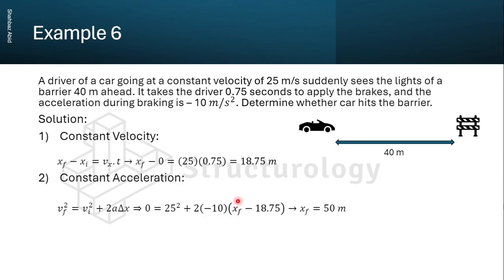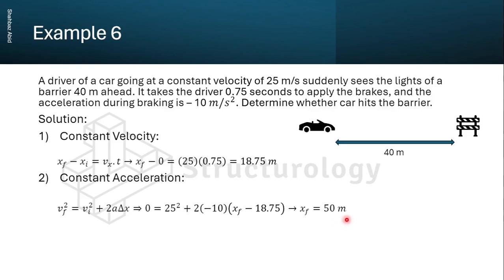The final position is unknown, and we can consider the initial position to be the final position of constant velocity. So the initial position has now become 18.75 for constant acceleration. To solve this problem, we are going to get the final position of the car equals 50 meters.